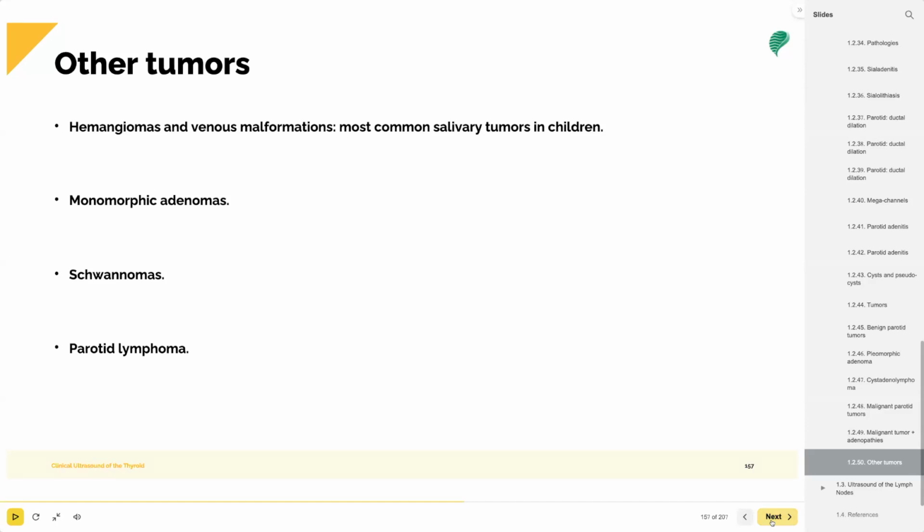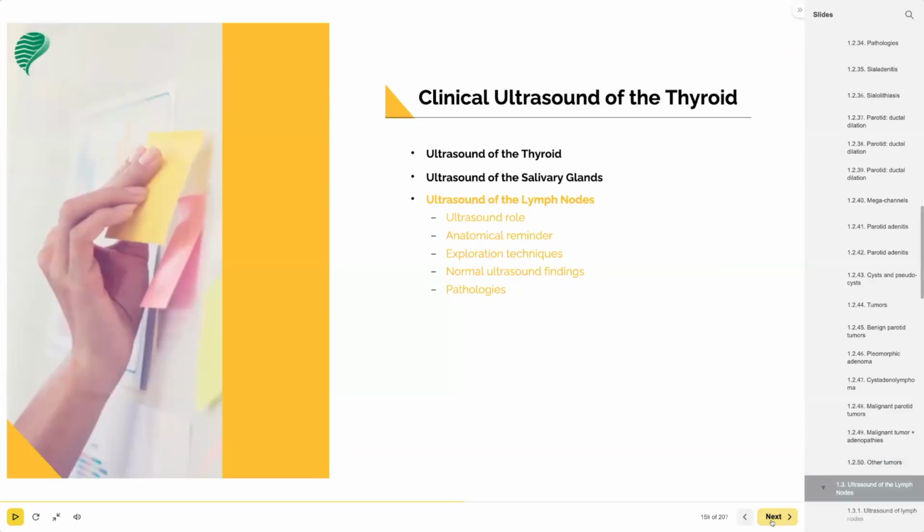Now let's discuss the ultrasound and the study of the lymph nodes. The lymph nodes are very important because we can determine if there are things like an infection or inflammation going on in the thyroid or in the body, usually in general.